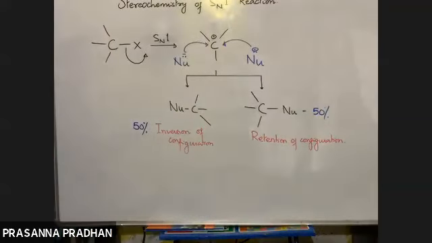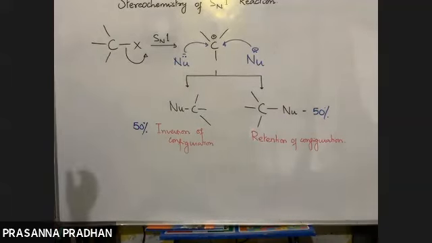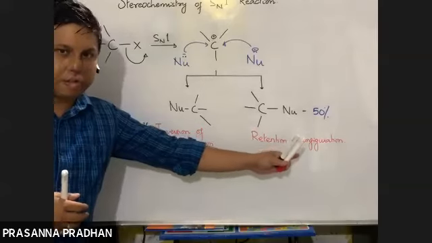That is a 1:1 mixture of product. So if we consider the stereochemistry of SN1 reaction, equal amounts of two products are formed. 50% of products are formed with retention of configuration.